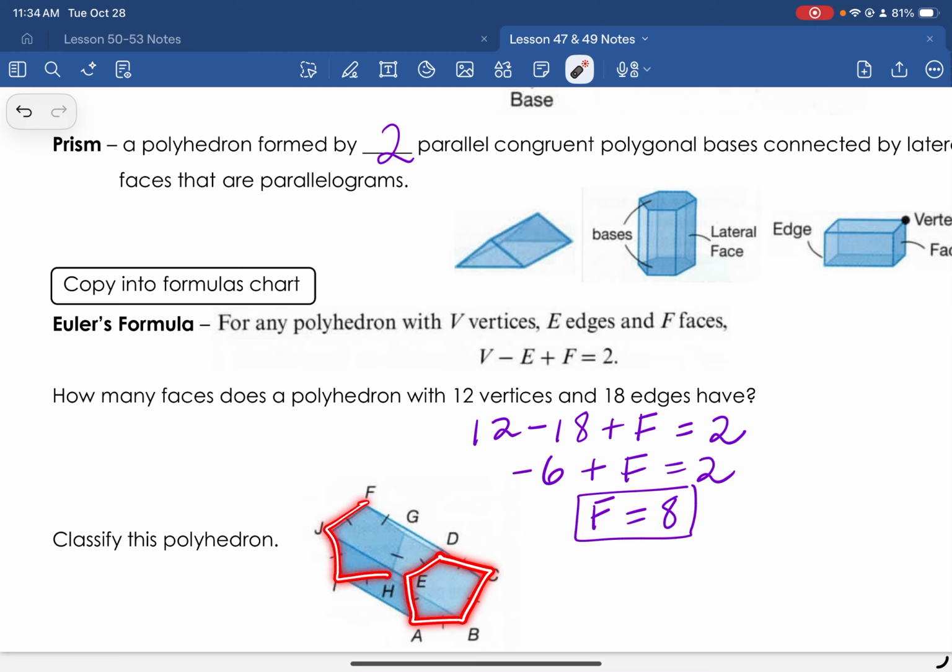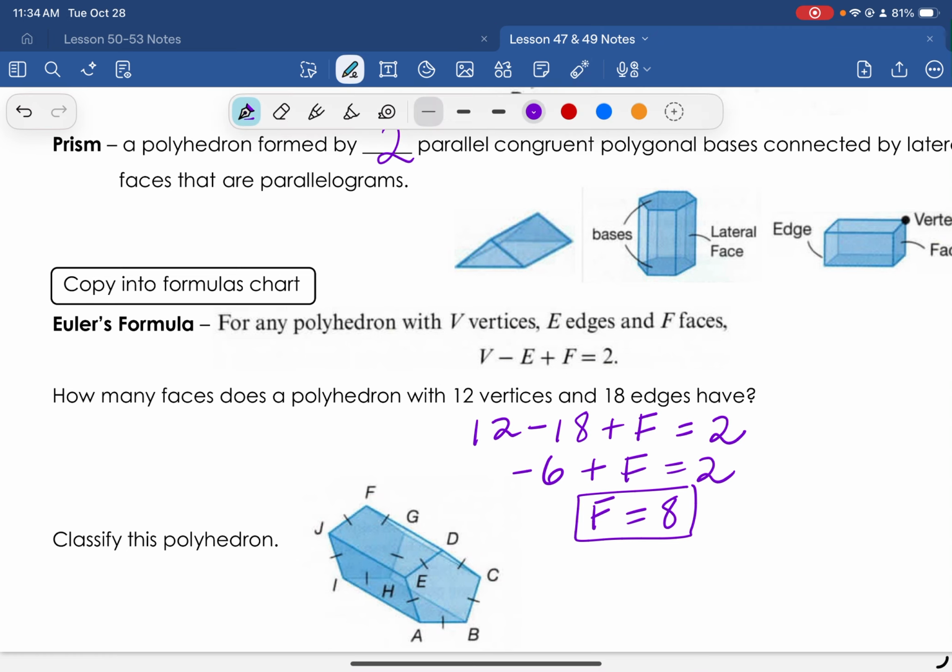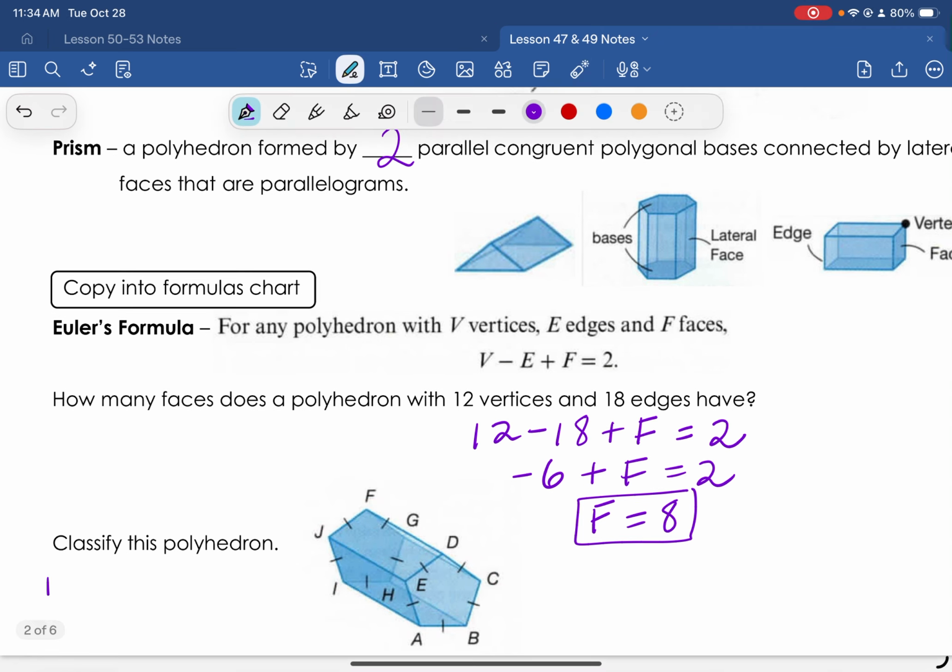That's called a pentagon. It has 2 parallel faces, so we're not going to call it a pyramid because it doesn't come to a point. We're going to call this a pentagonal prism. All right, that's it for this batch.